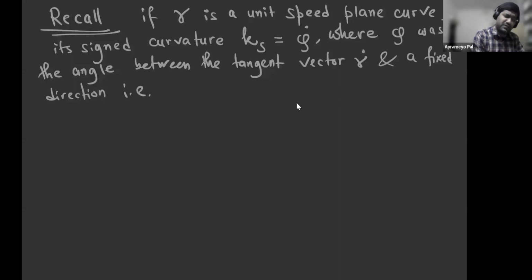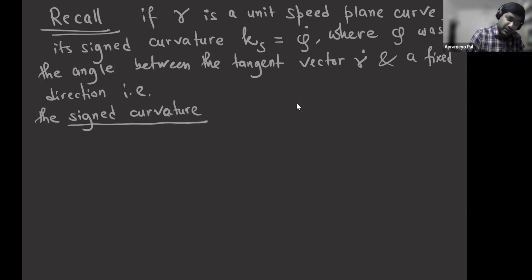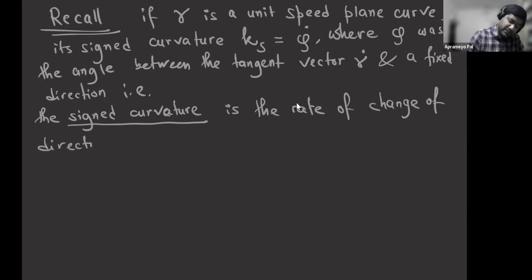So in other words, the signed curvature of a planar curve is the rate of change of the direction of the tangent vector per unit length.